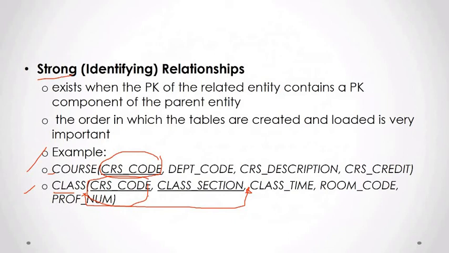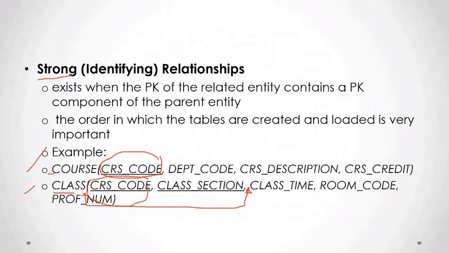So what happens here is that the primary key of the parent entity is included here, or it becomes part of the primary key. So you will notice here that course code is also underlined.